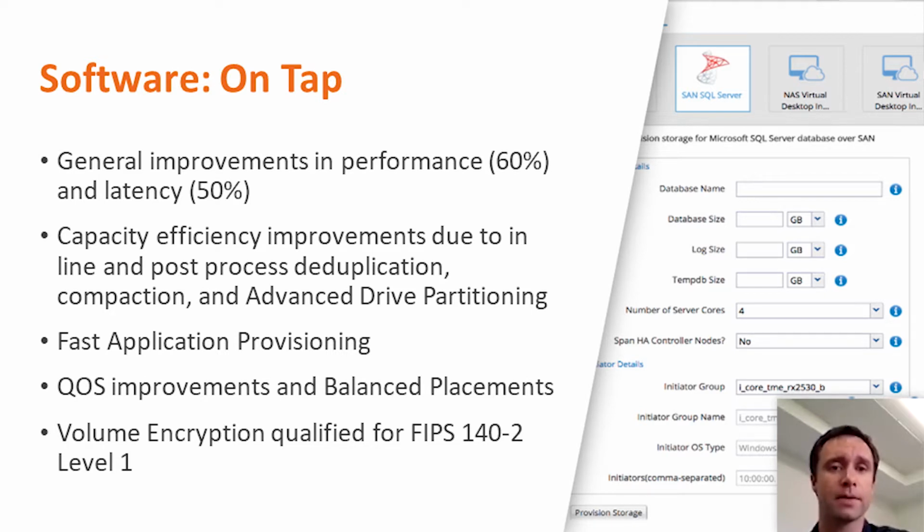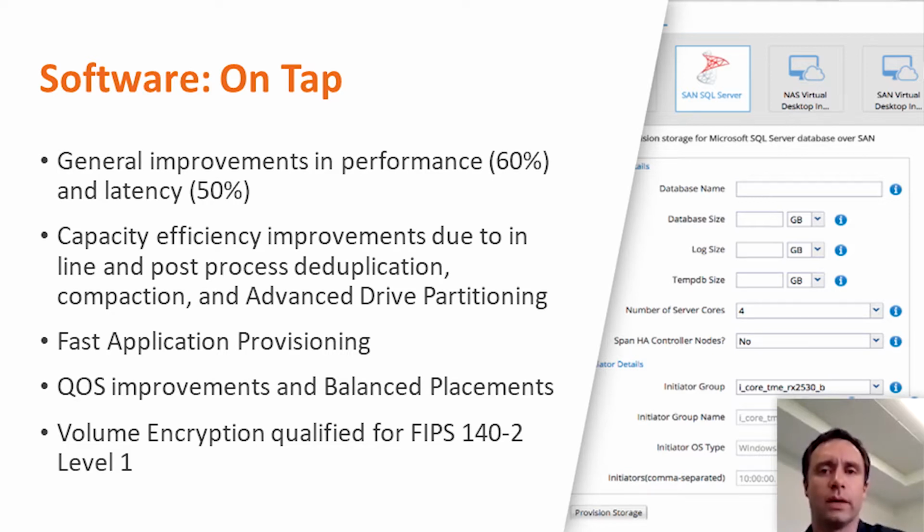A couple other improvements that right now are only available in the AFF line, so that's the A200, A220, A700, A800, is the fast application provisioning, which you can see a screenshot of there on the right, where we have the ability to choose an application. There are a number out there, Oracle, SQL, VMware VDI, things like that, where we fill in the cells, the parameters for our volumes.